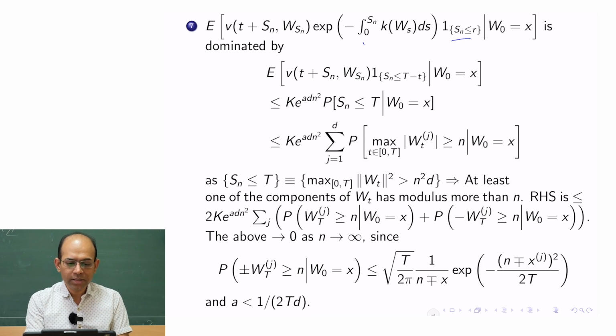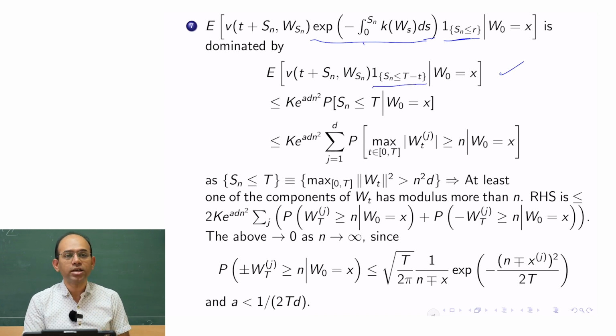For the upper bound, what are the things we are doing? We are replacing this e to the power of minus of this term by 1, because k is non-negative. So e to the power of minus integral 0 to Sn of k(Ws) ds is less than or equal to 1. So it is dominated by this term, when this exponential is replaced by 1, and then the indicator function of Sn less than or equal to r is smaller than the indicator function of Sn less than or equal to capital T minus small t.